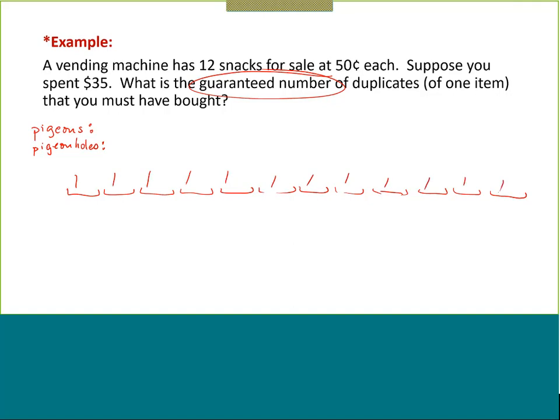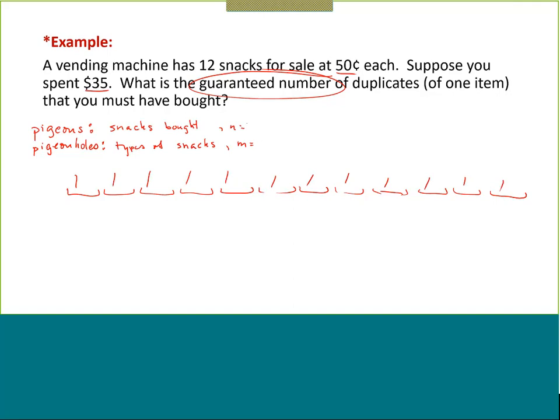Before we get too much further, we need to figure out how many snacks we actually bought. If you spent a grand total of $35 and it was 50 cents each, any guesses how many snacks you bought in total?